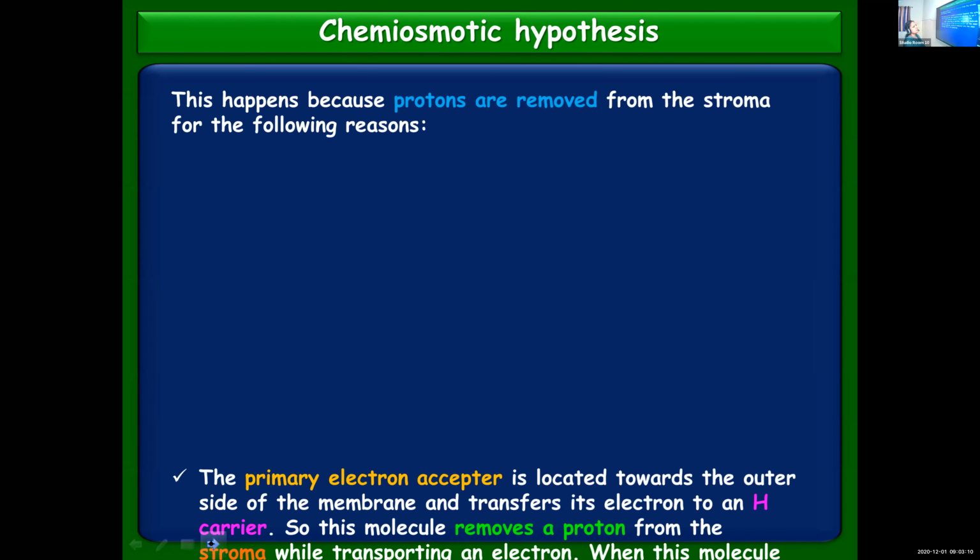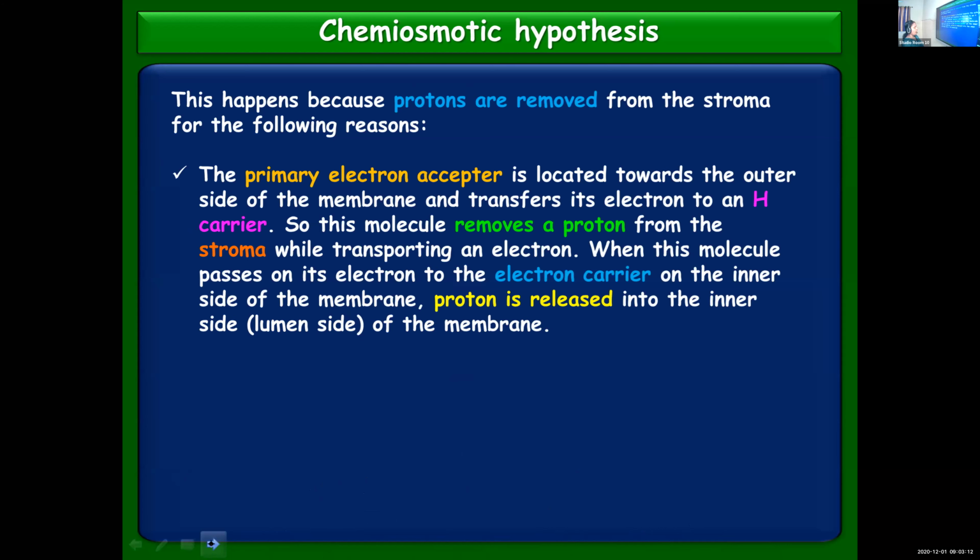This happens because protons are removed from the stroma for the following reasons. From photosystem 2, electrons will be taken up by a primary electron acceptor. Where is the primary electron acceptor located? It's located on the outer side.